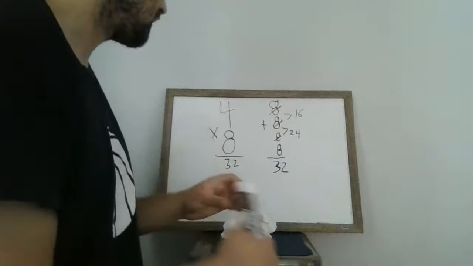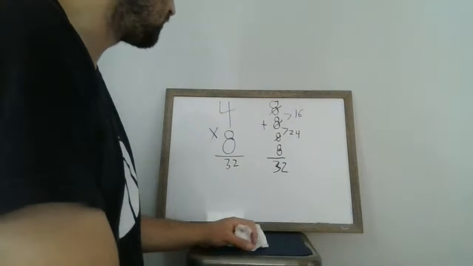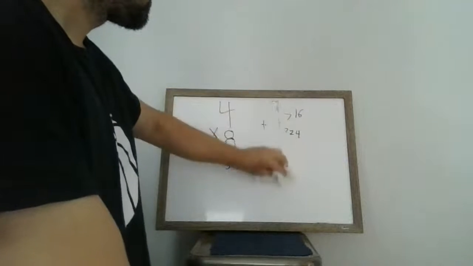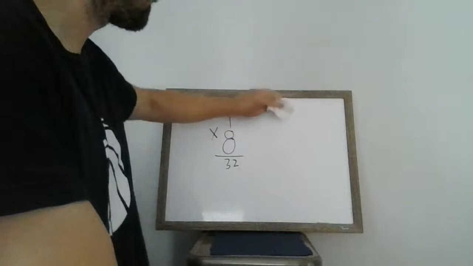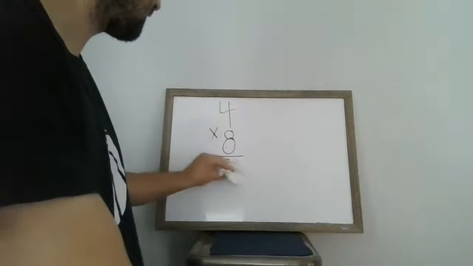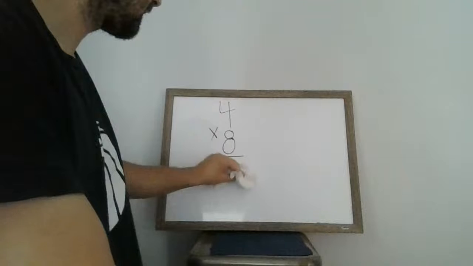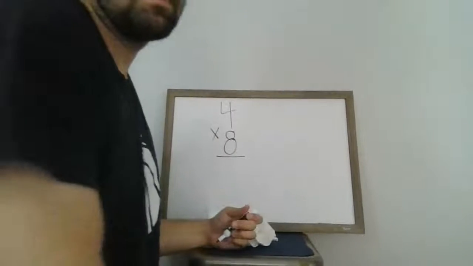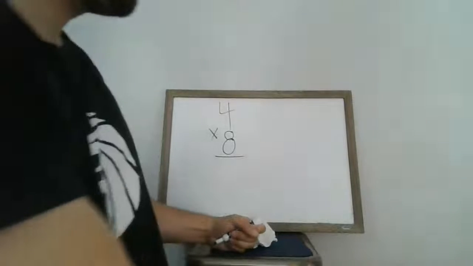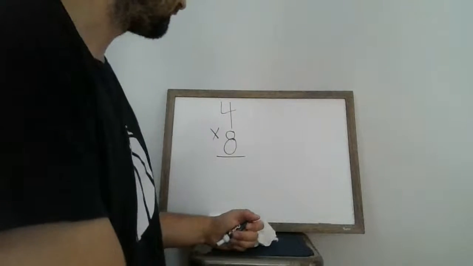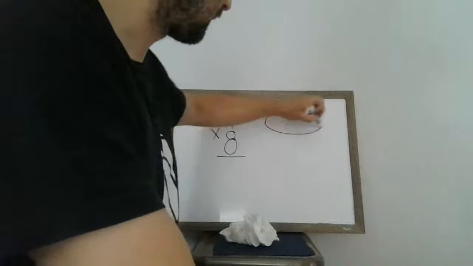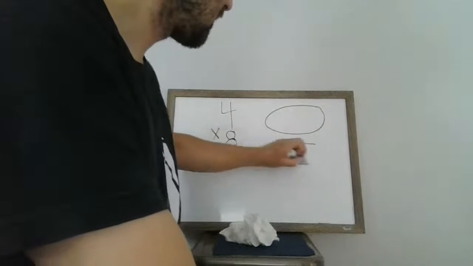All right, so now I'll do the strategies for those of you who aren't able to count by 8s and add it in your head. So now I'm going to make 4 circles.